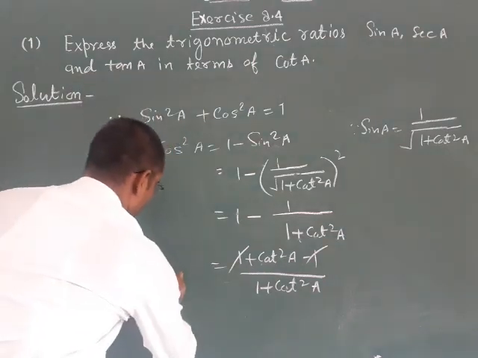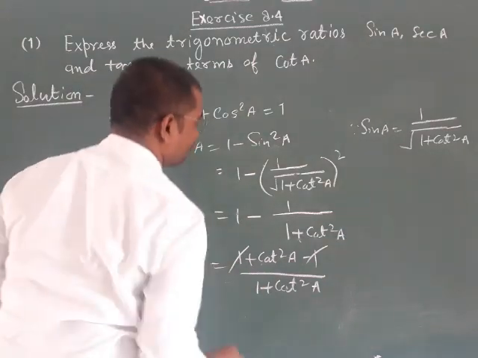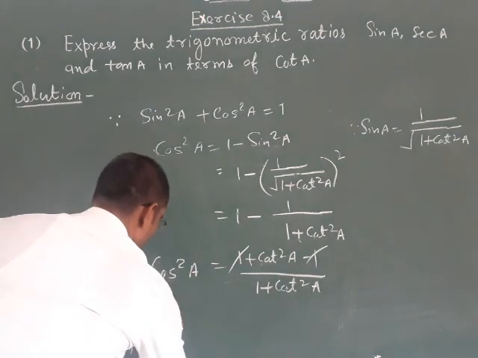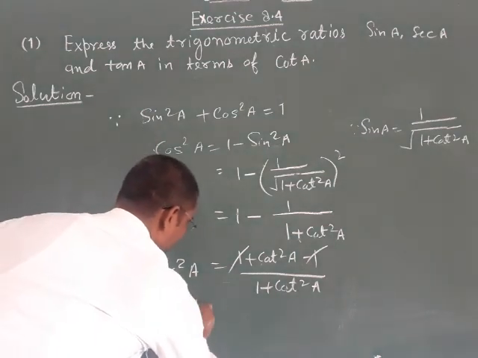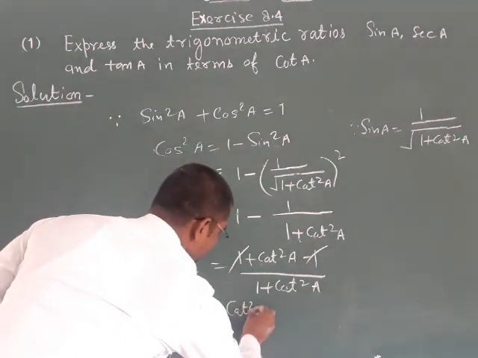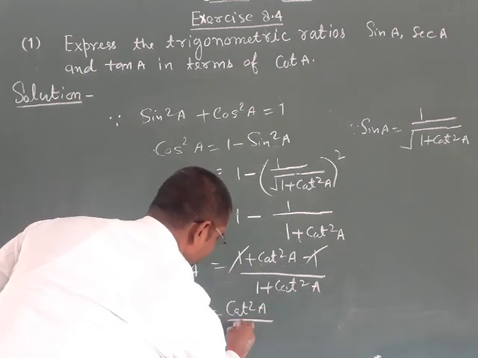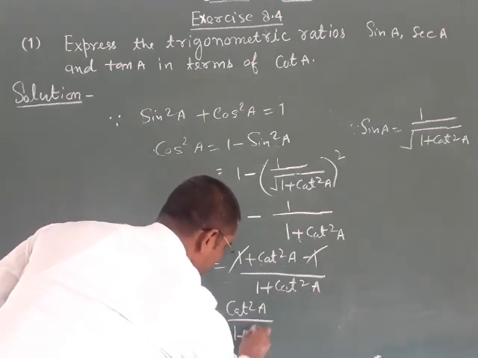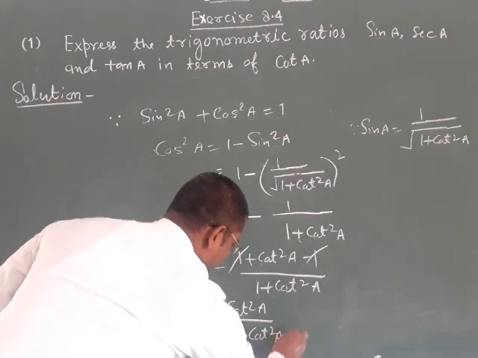So cos square A is equal to cot square A upon 1 plus cot square A.